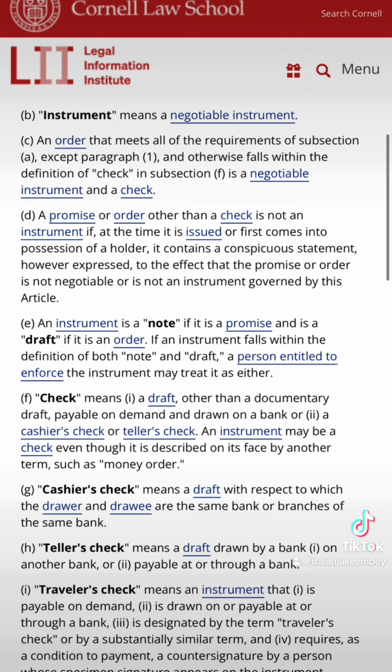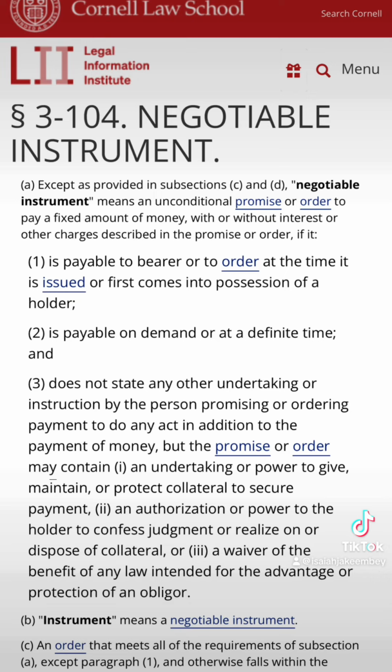So let's go back to A. As you can see in A, it just says that a negotiable instrument is an unconditional promise or an order to pay a fixed amount of money with or without interest, right? But in order for it to be a negotiable instrument in a check, it says that it has to meet all the requirements of subpart A except for 1.